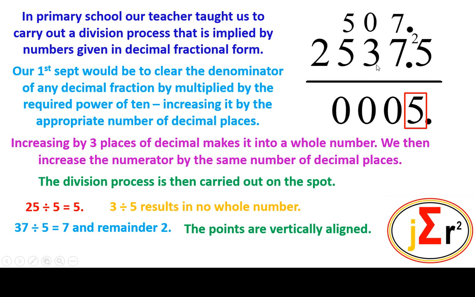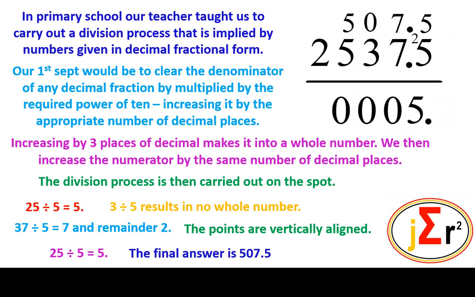Then we proceed to the digits, and we will say 25 divided by 5 is equal to 5, and 5 is placed right there. The final answer is 507.5, and that is our correct answer.